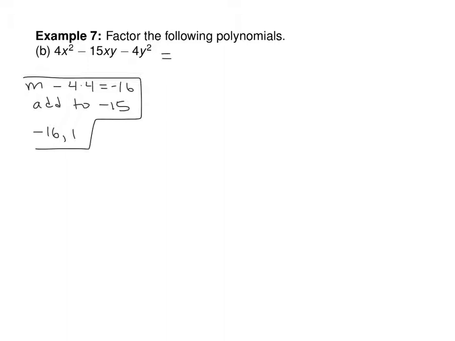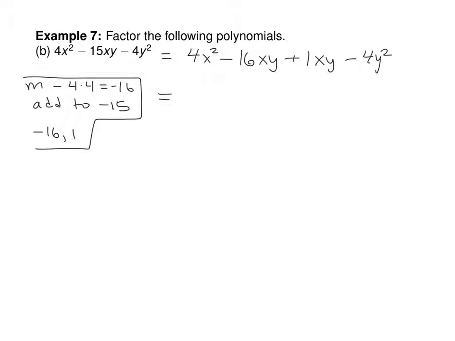So this is 4x squared minus 16xy plus 1xy minus 4y squared. And the 16xy and the 1xy can go in any order. Your intermediary work will look different, but your answer should be the same.